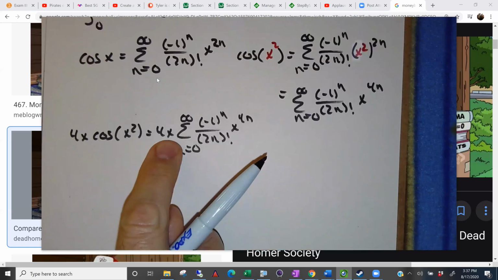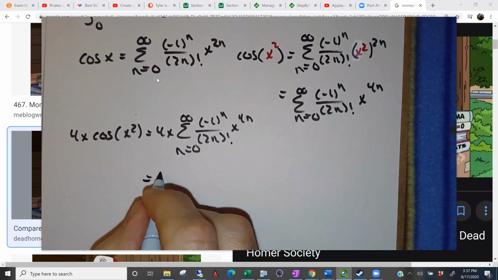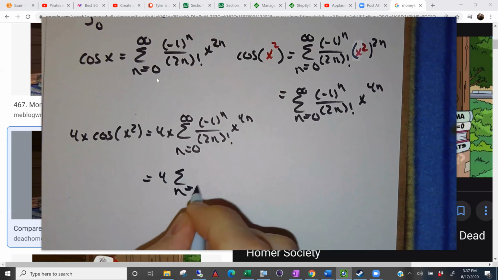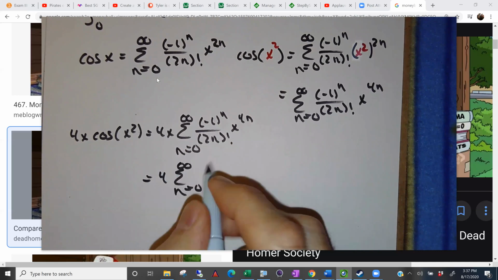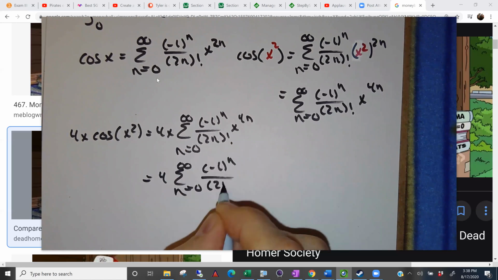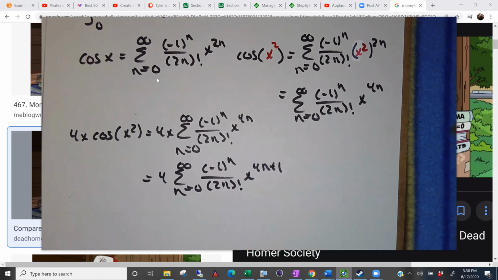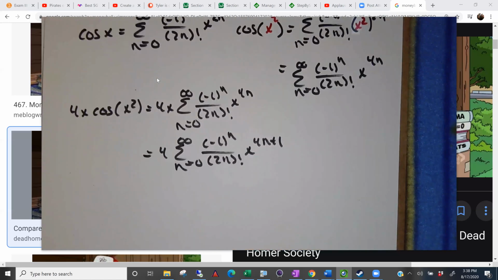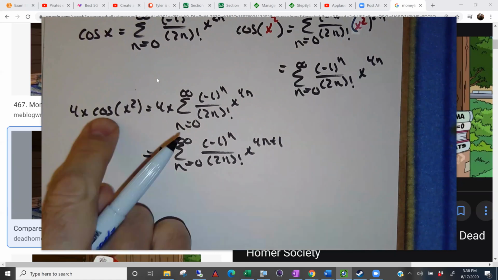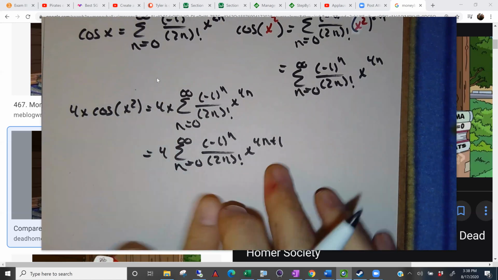And here's where I want to take that x and put it on the inside. So it's going to be 4 times the sum from n equals 0 to infinity of -1 to the n over 2n factorial x to the 4n plus 1. Great. So now I've got a series representation for this function, and I'm going to integrate it. We're okay with how I got this series here?